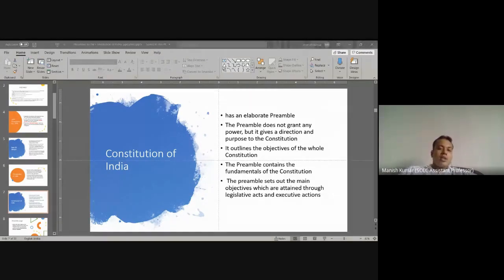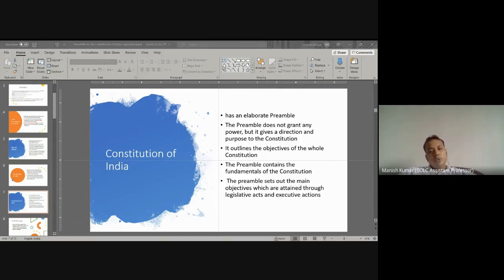The Constitution of India has an elaborate preamble. The preamble does not grant any power, but it gives a direction and purpose to the Constitution. It outlines the objectives of the whole Constitution.